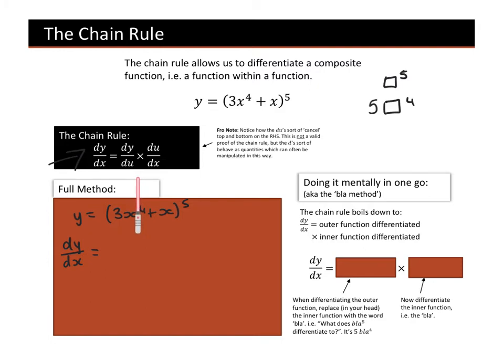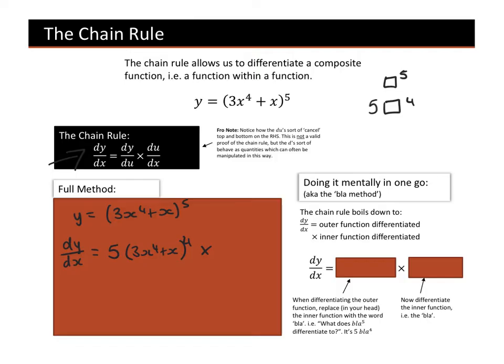How do I differentiate something to the power of 5? Bring the power down, 5 lots of the something, decrease the power by 1, 4. Everyone should be happy with that step. Now I'm going to multiply this by the differential of the bracket, inside the bracket, 3x to the power of 4 plus x.